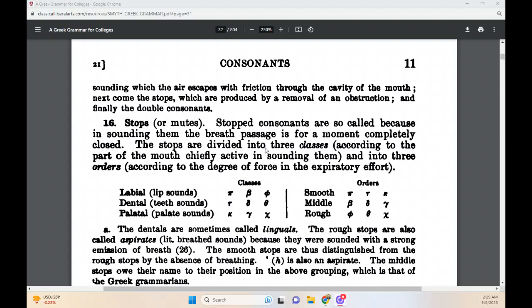But these are divided into 3 classes according to how they're produced in the mouth, and we'll look at this in a minute, and also into 3 orders based on how much force is used to produce them. And I've already explained that, and we'll see that in this chart here.